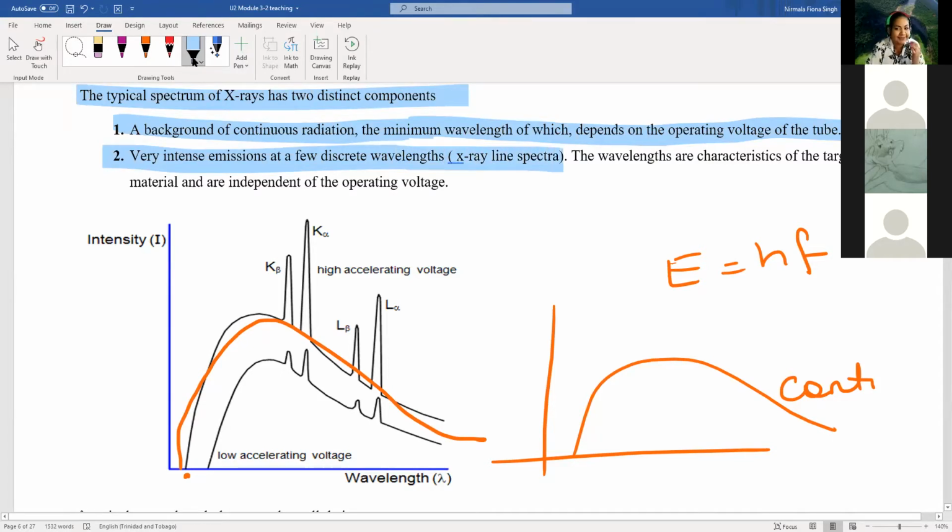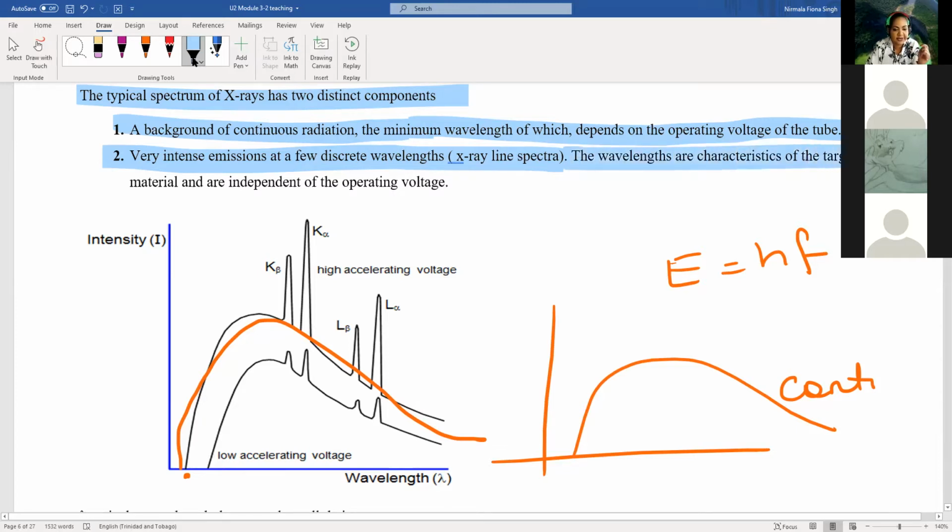Remember, we did line and continuous and band spectra the other day. All right, so X-rays do have a line spectra, and these are little peaks and little spikes in your radiation or in the energy being given off that correspond with the energy levels being crossed by your atoms or your electrons.